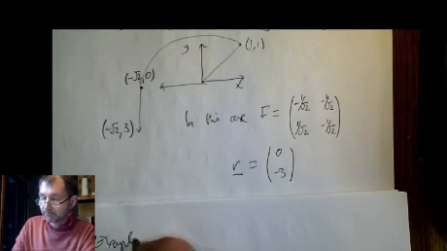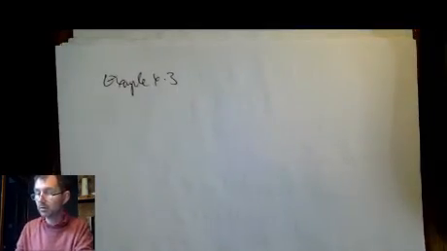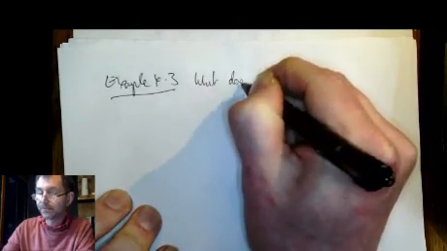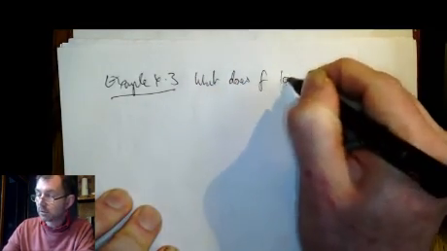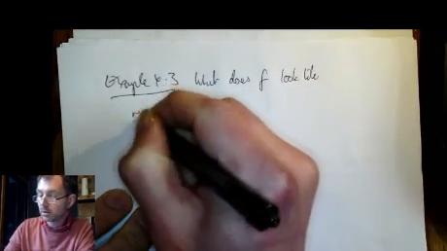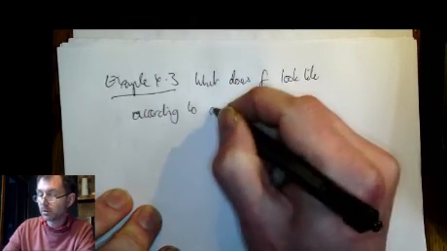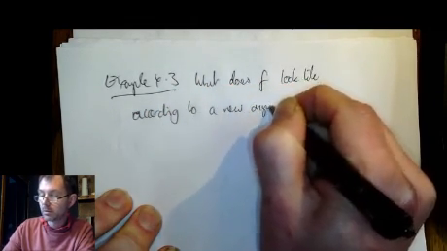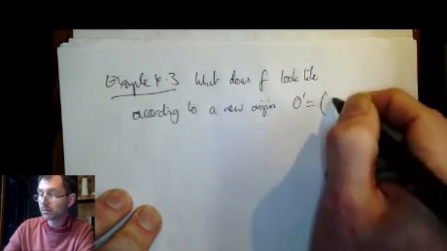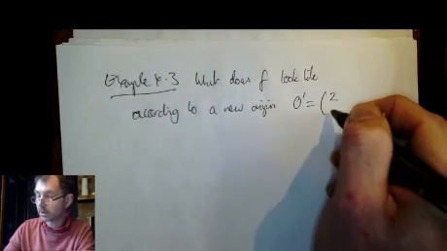Example 4.3: what does F look like according to a new origin, which will be O dashed, which will be equal to, in the example we're using, (2, 2).